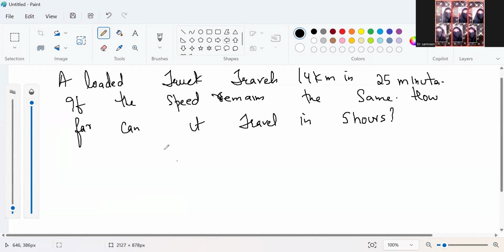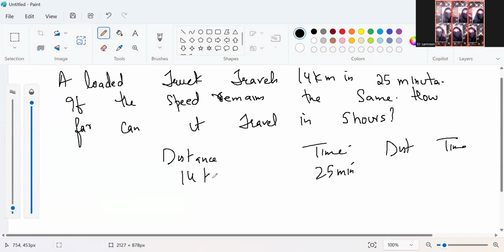A loaded truck travels, so that means distance and time. Distance is 14 kilometer. Now here, how far can it travel in 5 hours? 5 hours means 300 minutes. Because this is in minutes, we will also convert it into minutes. Now distance and time is always directly proportional.